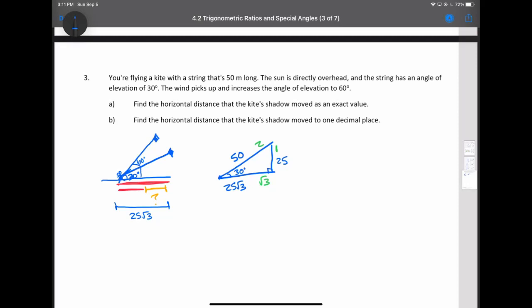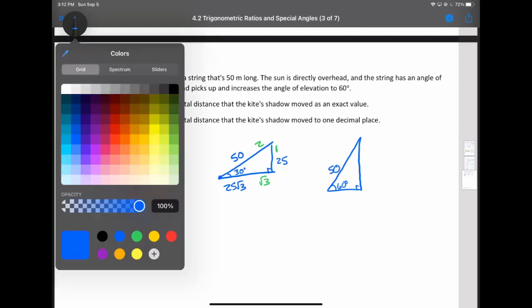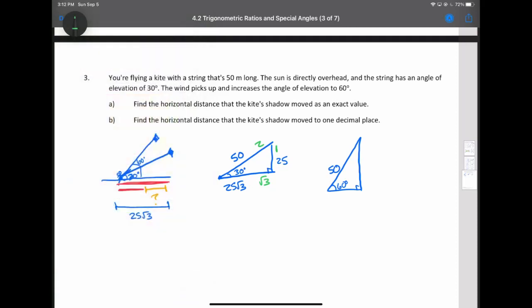All right. Now all of a sudden the kite goes up to a 60 degree angle. And I know that this is 50 meters again. That's how long the string is. But again, I know the ratio of the three sides is 2 to 1 to root 3. Special triangle.